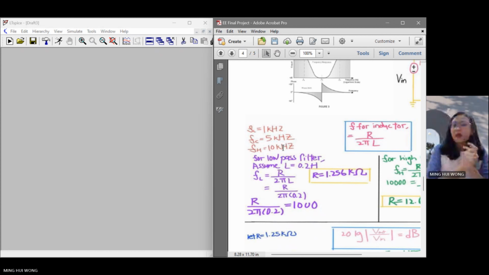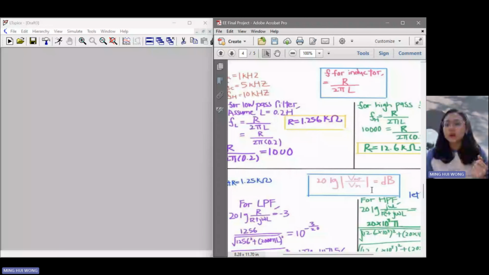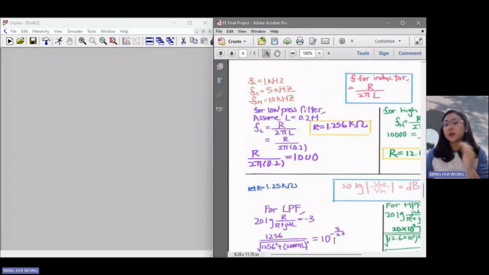The first is f equals 1 over 2 pi L, and the second formula I use is for the other component. The method I use is valid and can successfully construct the circuit with the correct component values. So let us look at the first formula.